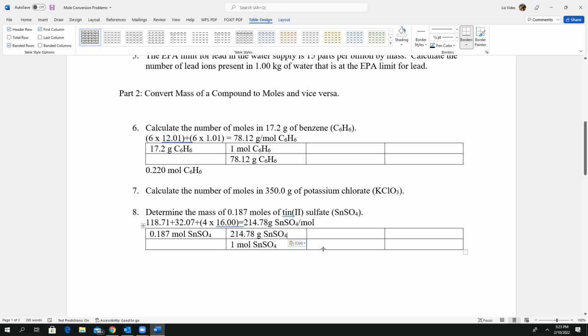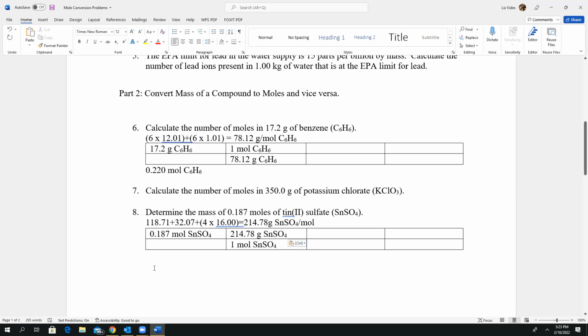Okay, so here we're multiplying 214.78 times 0.187. That gives us 40.2, so 40.2 is our answer right here. And that is grams of this stuff, and that would be the right answer for that one also.